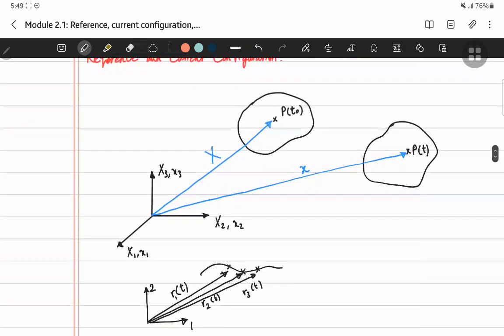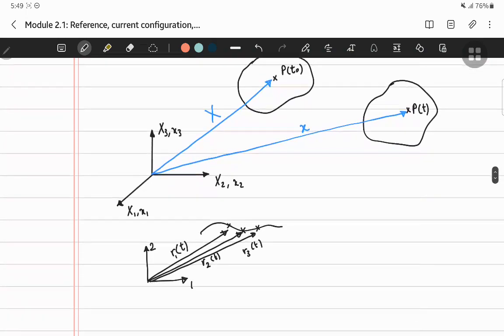So since we have an infinite number of particles, we won't be able to just draw a line here and say okay, this is the vector r(t). This is completely absurd and also mathematically impossible.